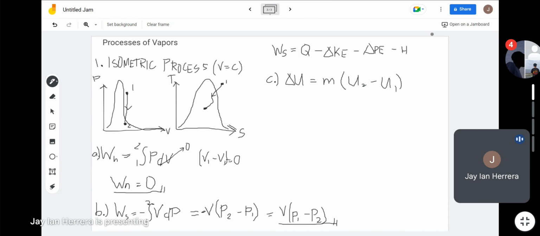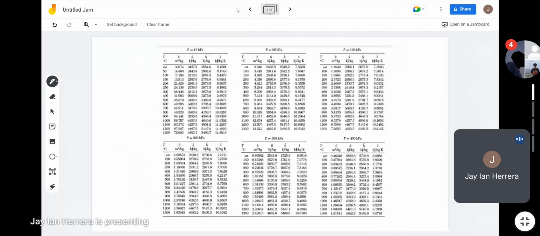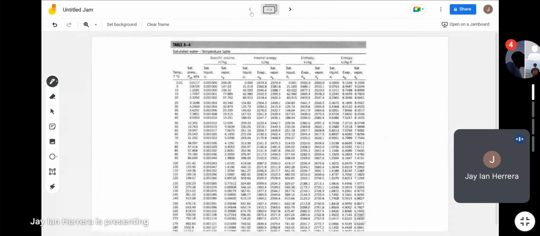So, ang makukuha natin sa steam tables, pakita ko lang sa inyo kung ano yung tsura ng loob ng mga book natin. So, this is for superheated steam. Last parts. Then, this is the saturated table or saturated temperature, saturated pressure part ng steam tables.